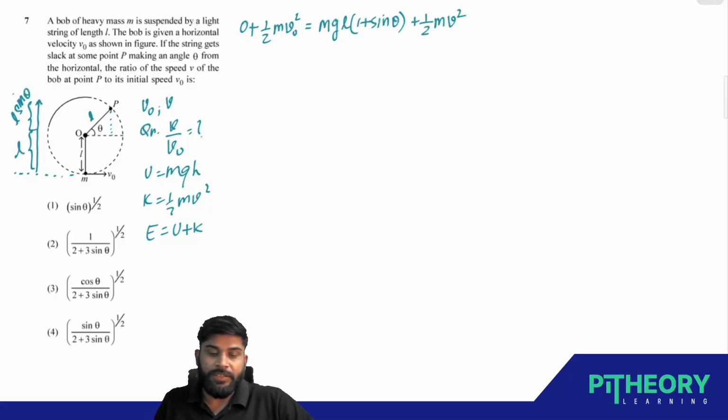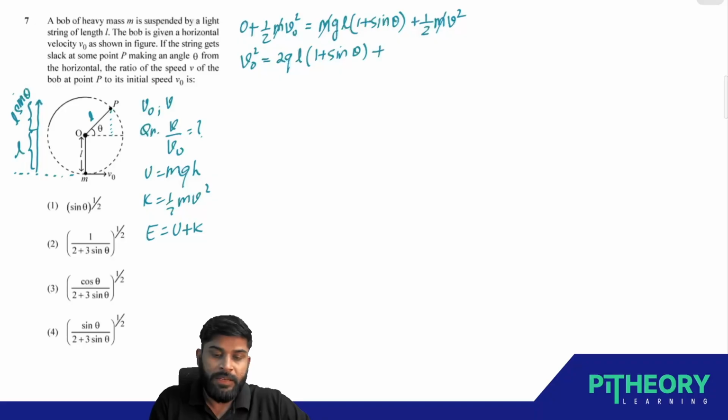This is the relation. Let's cancel the mass terms from both sides, and if I multiply by 2 on both sides, you get v naught square equal to 2gL into 1 plus sine theta, plus v square. This is the term that you'll be getting.